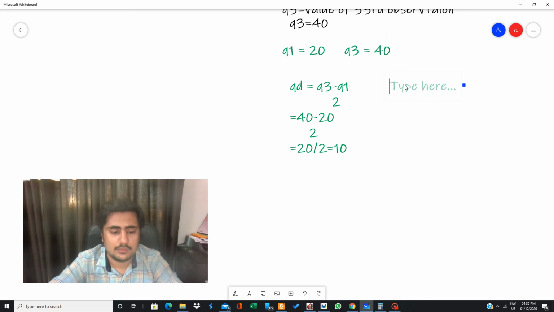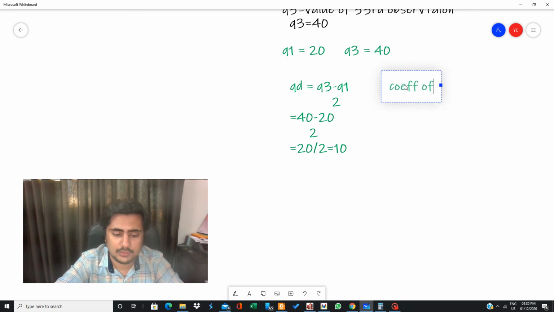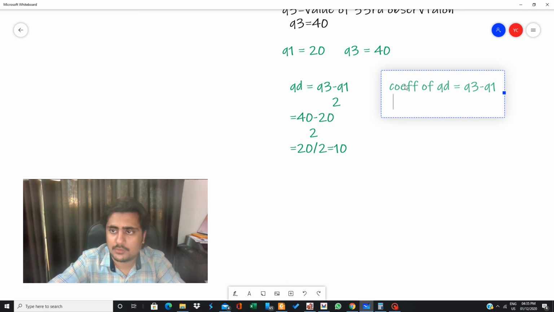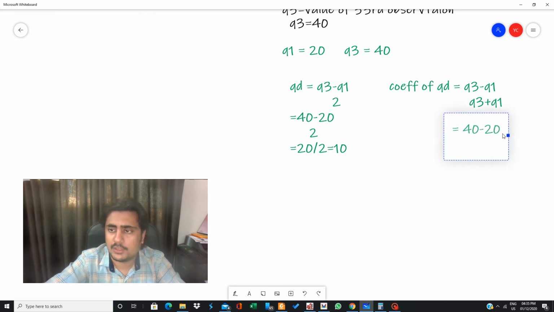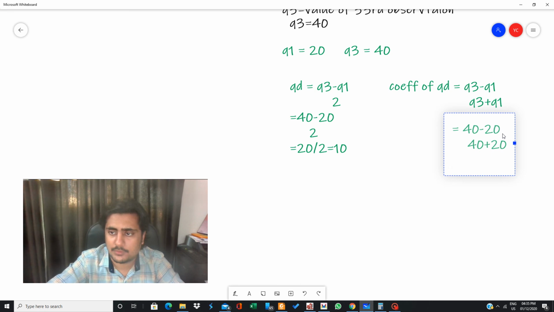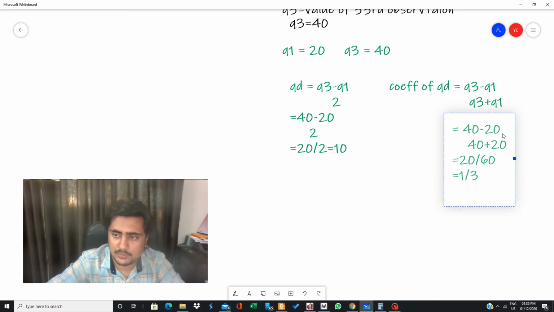Then the coefficient of QD is equal to Q3 minus Q1 upon Q3 plus Q1. So this is 40 minus 20 upon 40 plus 20. This is 20 by 60, 1 by 3, 0.33.